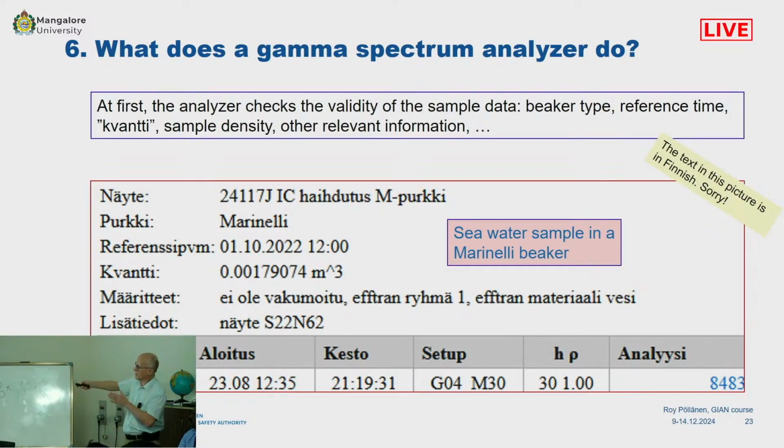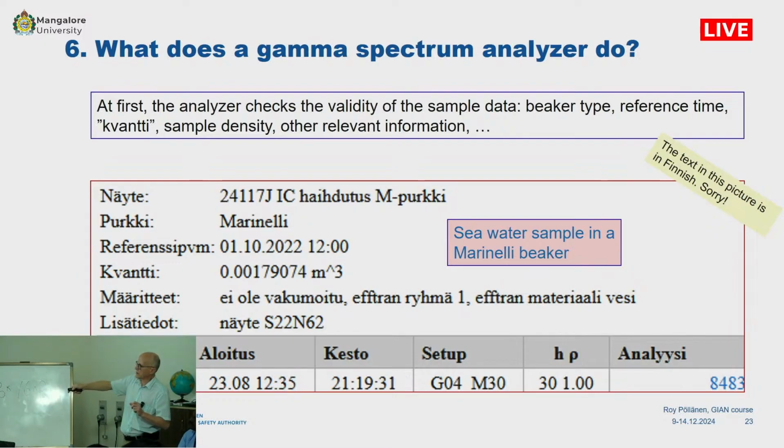I'm sorry that this is in Finnish, but this is the sample description we are using for this sample. It's a Marinelli beaker. This is the so-called reference day for which we calculate the activity. This is the amount of water, in this case 1.7 liters. Then there is some other information.